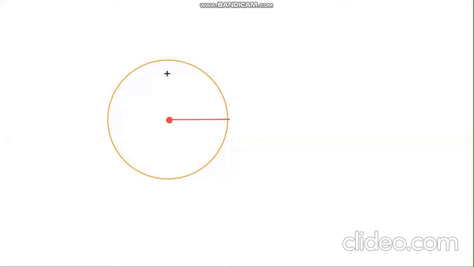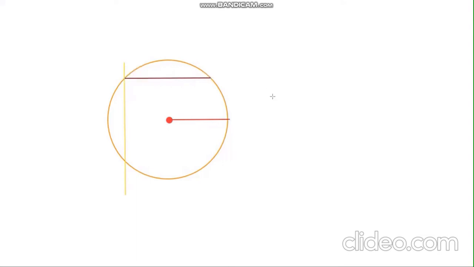Now next we see secant. Let this yellow color line be the secant. Next, where is the chord? Yes, it is the chord.